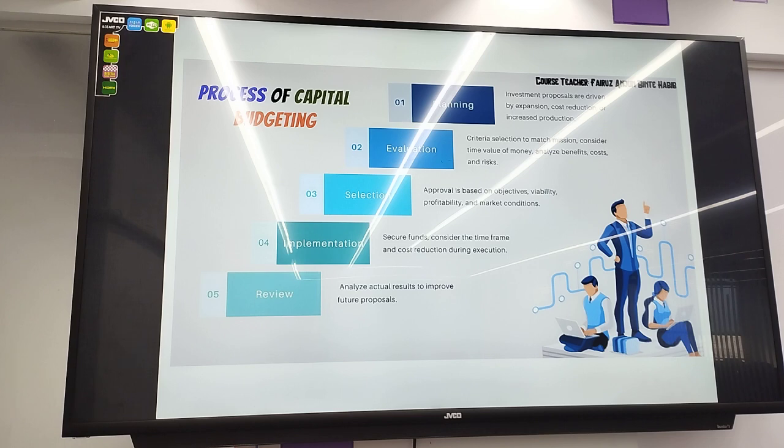So you have to rectify those things, you have to modify those things, so the future will be more cost efficient, your project will be more effective, more lucrative.